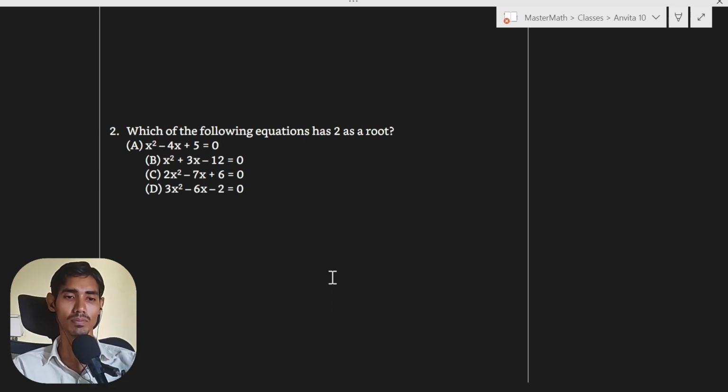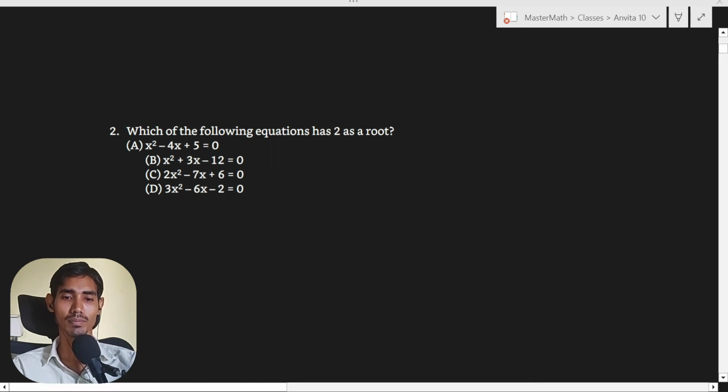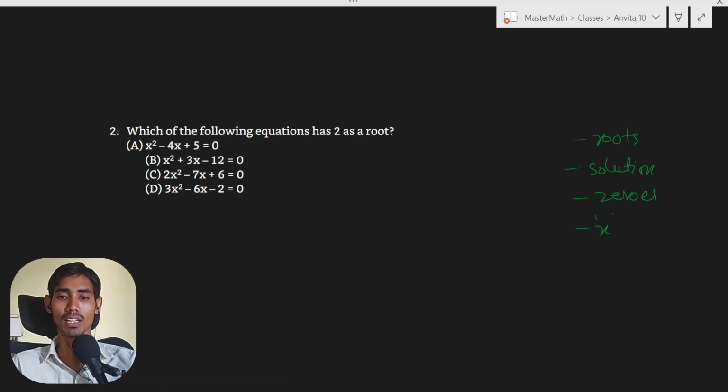So in case you remember, roots, solution, zeros, x values all mean the same. Solution, satisfies, common point, intersection, all these are basically the same thing.